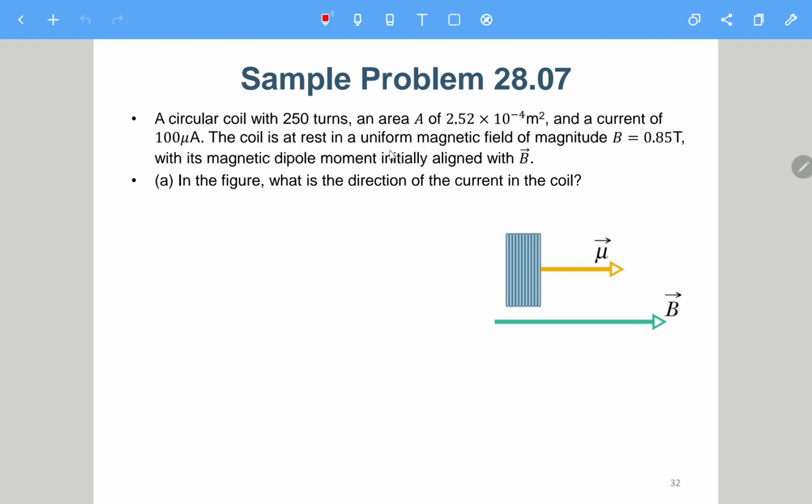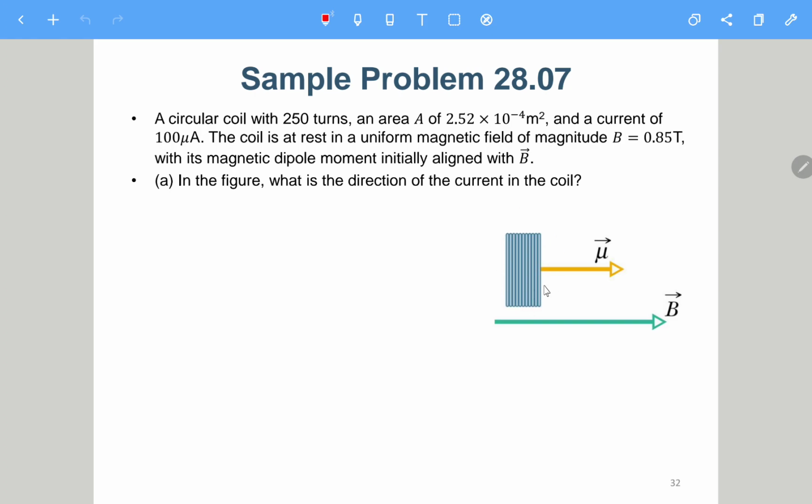The coil is at rest in a uniform magnetic field of magnitude B, with its magnetic dipole moment initially aligned with B. In the figure, what is the direction of the current in the coil? Mu and B point in the same direction.